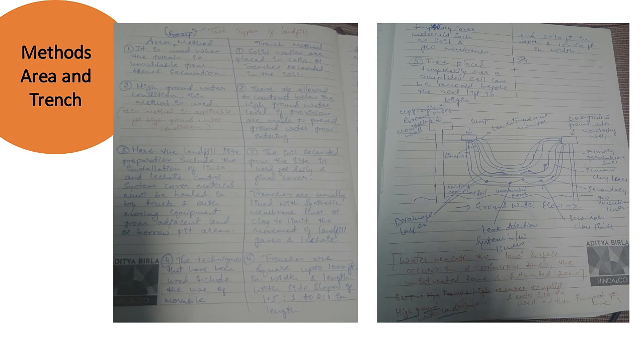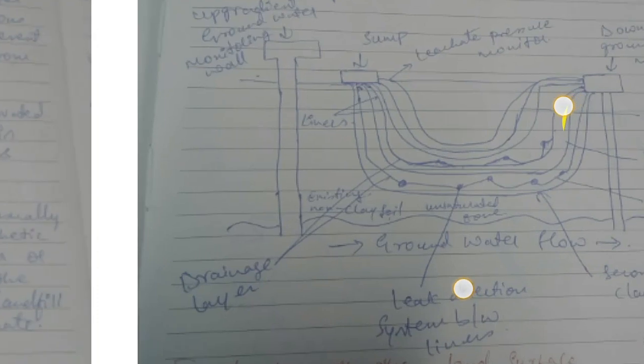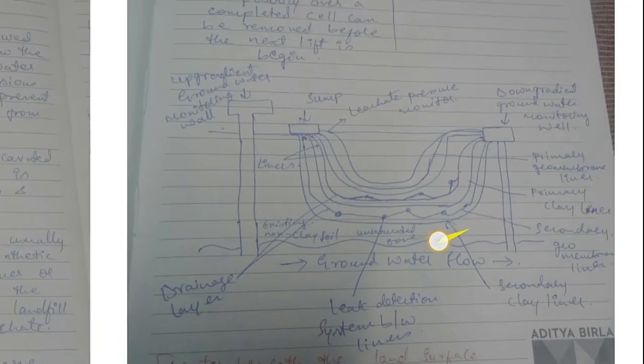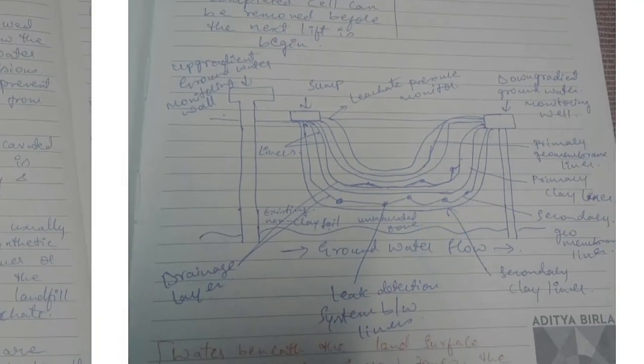They can take off the temporary cover layer, place it aside, clean that stuff, and then move to the next. So this was the concept. I have also shown the drawing. Let's see these methods.